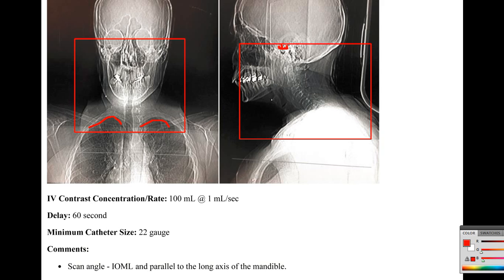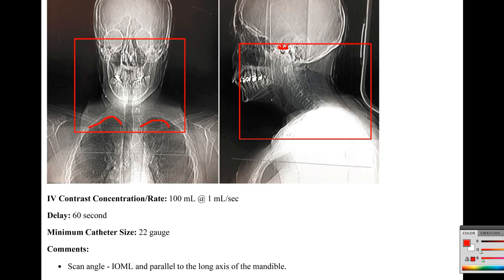IV contrast is going to be 100 at 1 milliliter per second, a very slow flow rate, which allows us to utilize a very, very tiny needle, a 22, and possibly you could even go up to a 24 gauge for this patient.